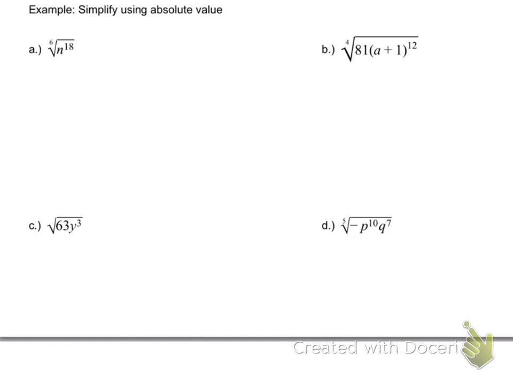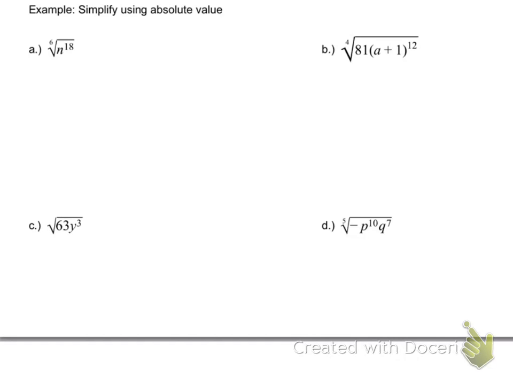So could I take that as the 6th root of n times the 6th root of n times the 6th root of n, 18 times? Or, wait a minute, could I set it up so that the power on n and the root will be the same so they cancel?